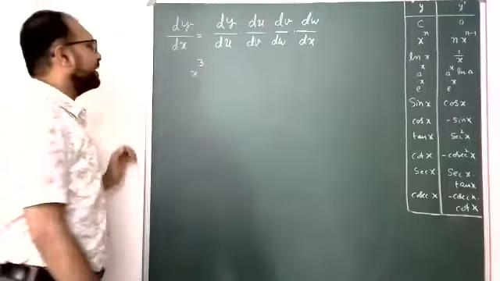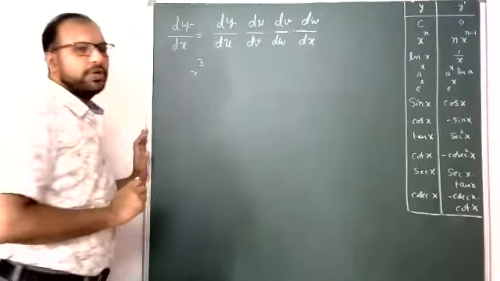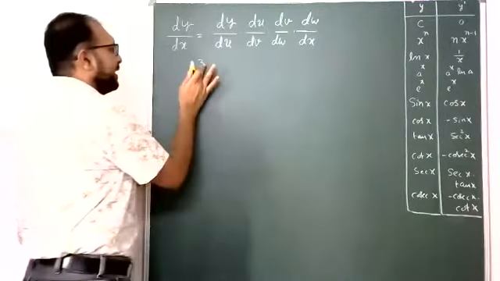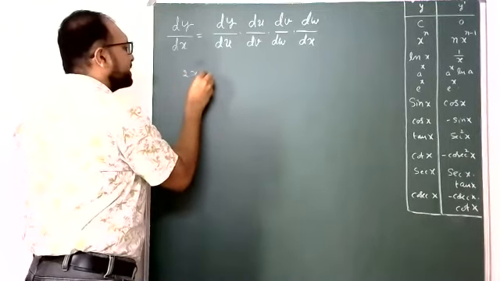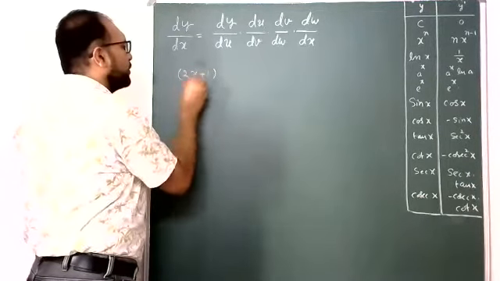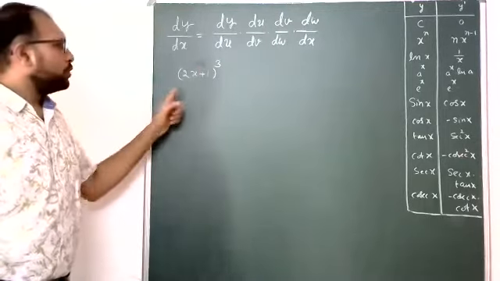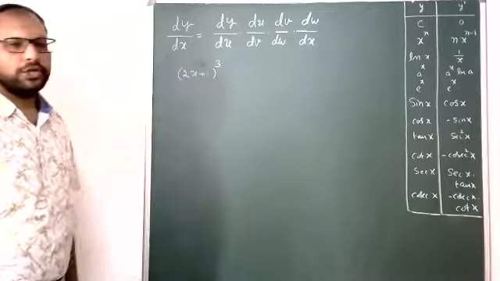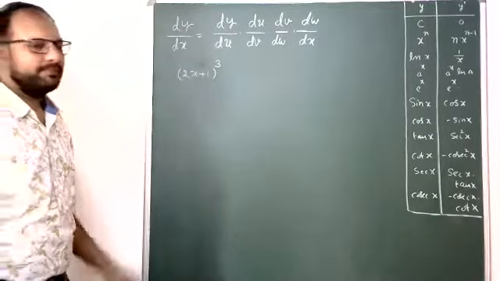But now here I am using not just x cube. Here, 2x plus 1 whole cube. 2x plus 1 whole cube is nothing but one function in x, that is y.